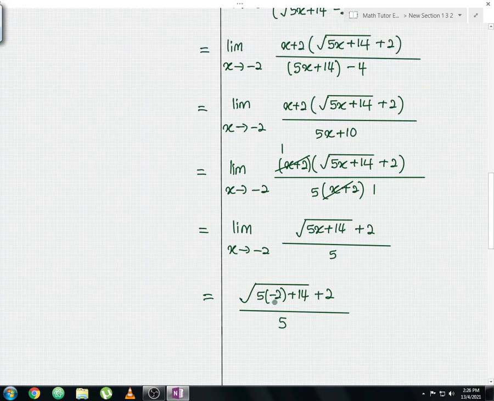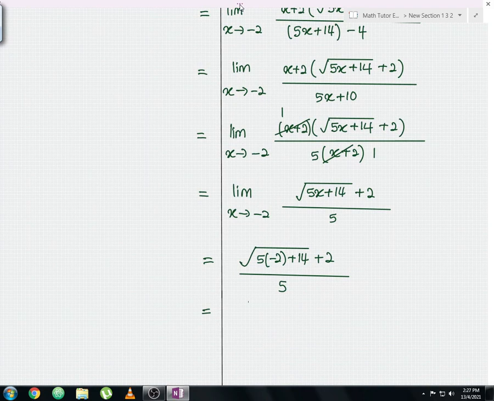So 5 times negative 2 you should get negative 10. So negative 10 plus 14 you should get 4. So from here you should get square root 4 plus 2, over, let me write this properly, 5. So square root 4 you should get 2.